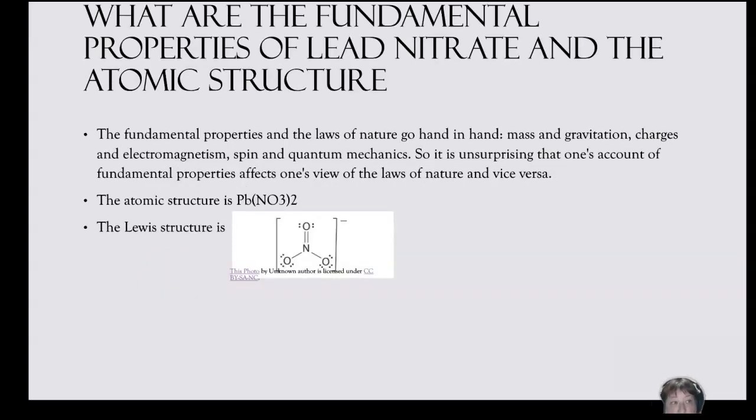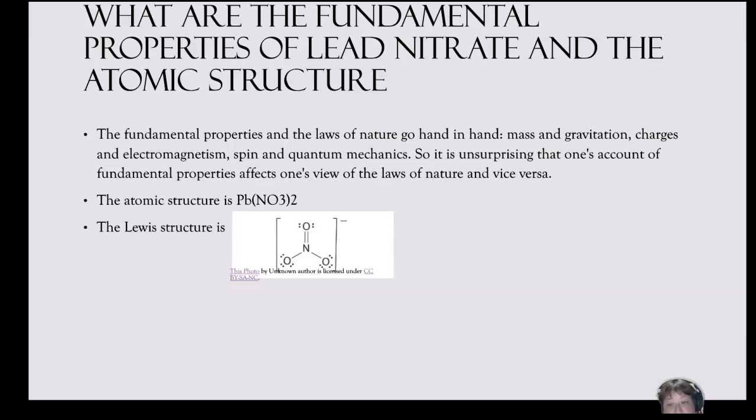What are the fundamental properties of lead nitrate and the atomic structure? The fundamental properties and the laws of nature go hand in hand: mass and gravity, charges and electromagnetism, spin, and quantum mechanics.